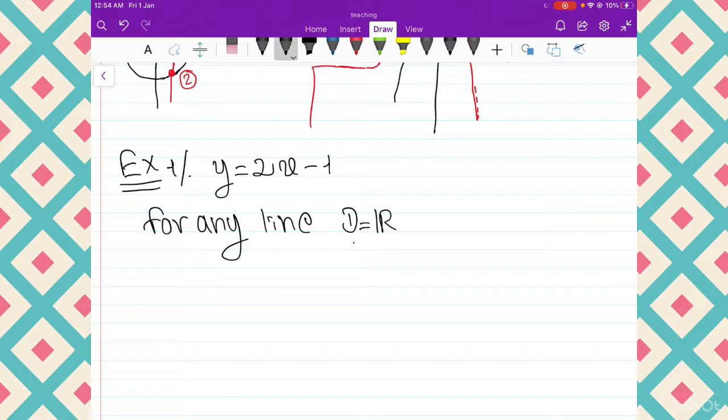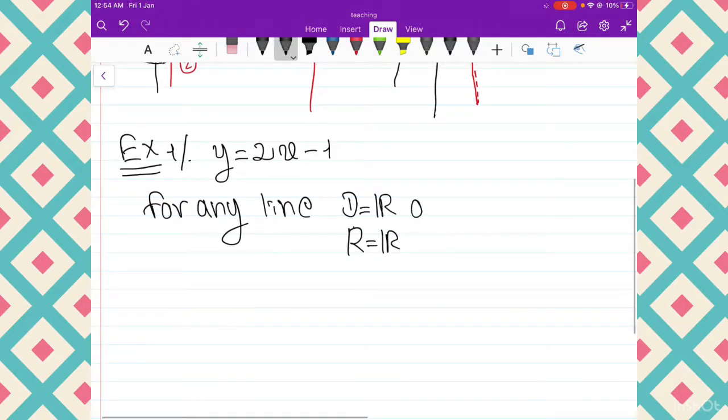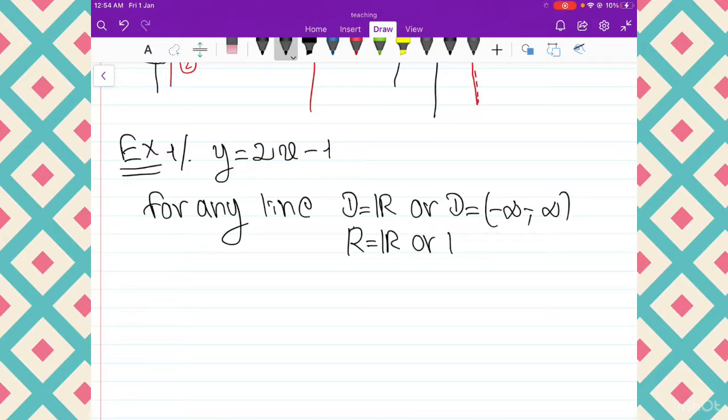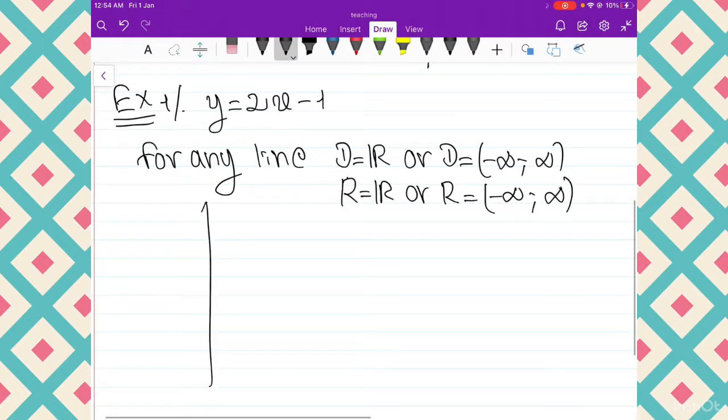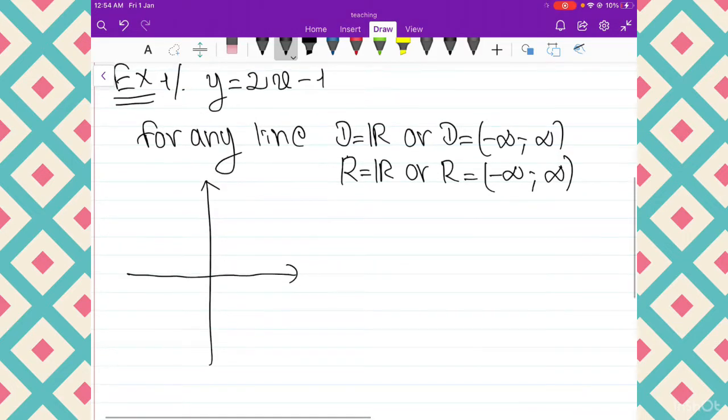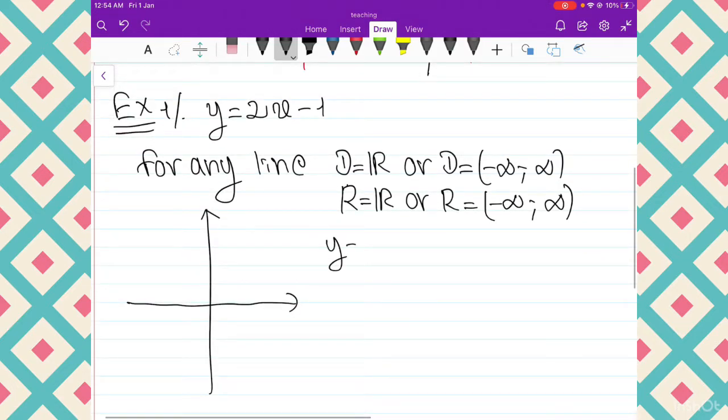Or in other words, you write something like this: from minus infinity to infinity, from minus infinity to infinity. So let's draw this graph really quick. So y equal to 2x minus 1.